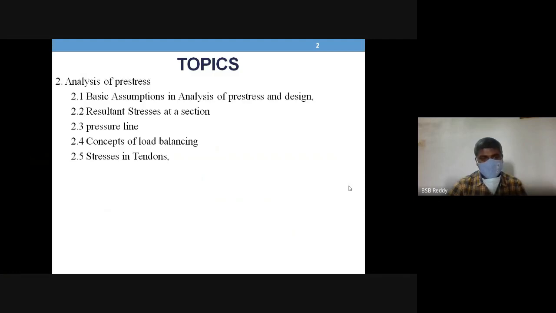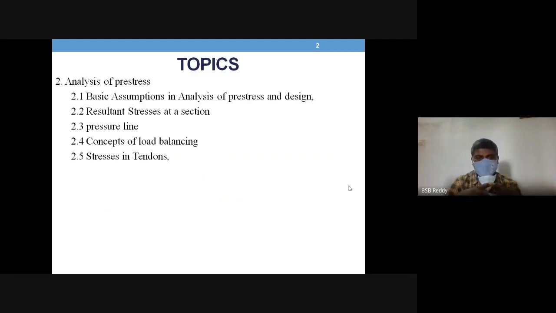The reason why we talk about stress in tendon is that stress in tendon is visualized in the pressure gauge, because the hydraulic jack itself will show you the stress in tendon.